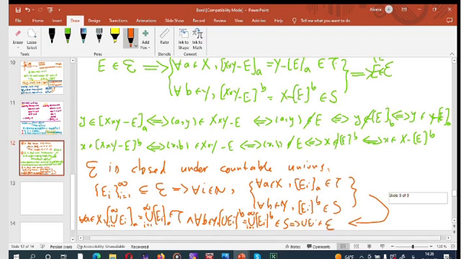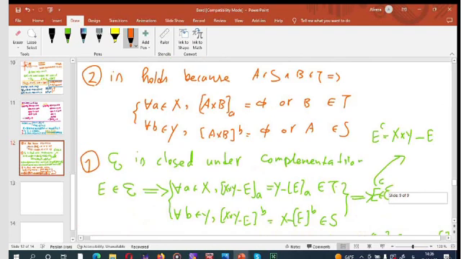Okay, this union must belong to E, so E is closed under countable union and under complementation, so we prove that E is a sigma algebra.